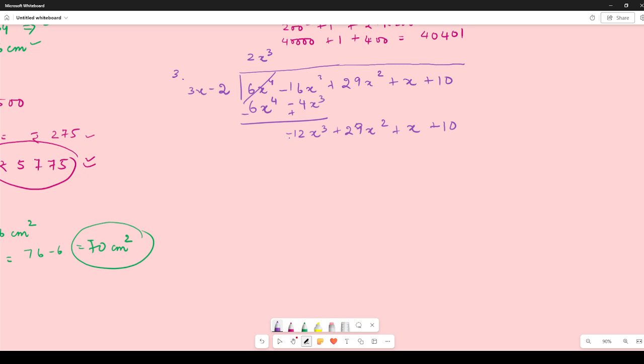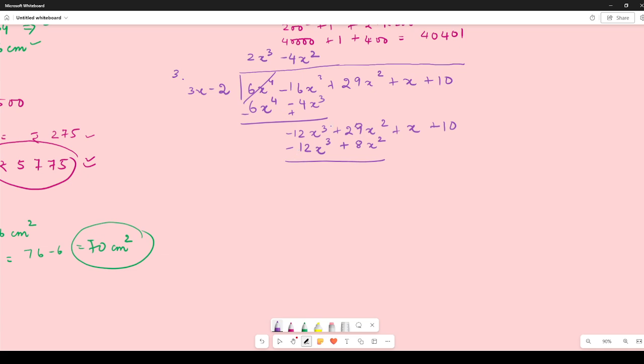Now we need to take away this minus 12x cube. Here we have 3x, so we need to multiply it with minus 4x square. So when you multiply with minus 4x square, you get minus 12x cube, and minus 2 into minus 4x square gives you plus 8x square.